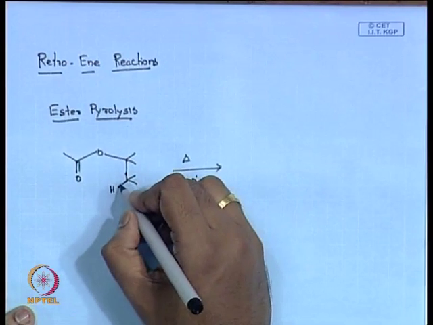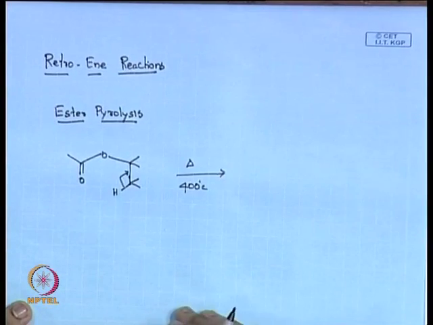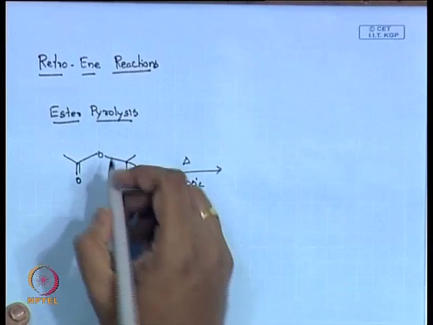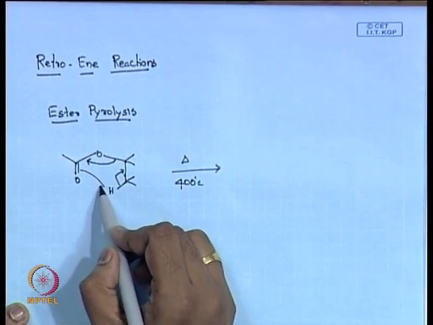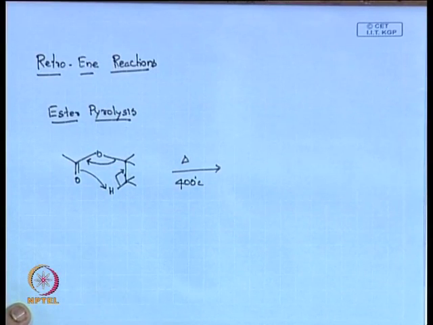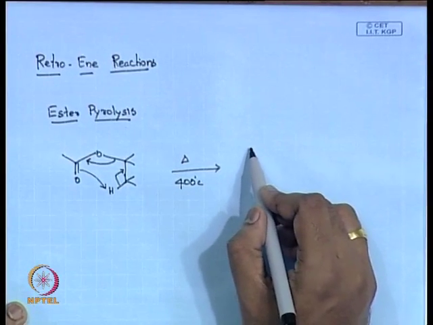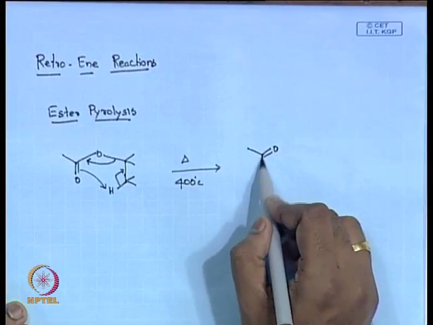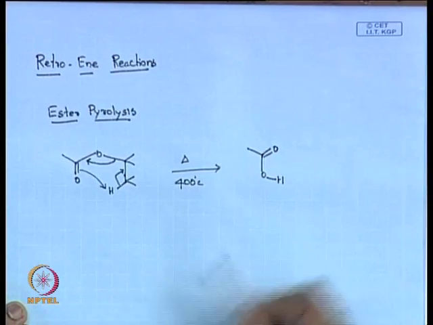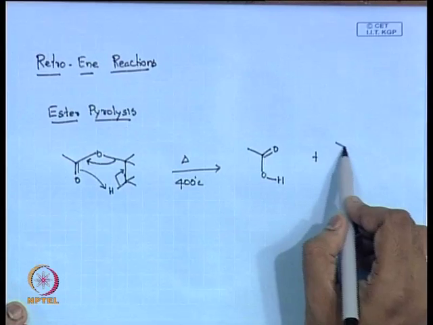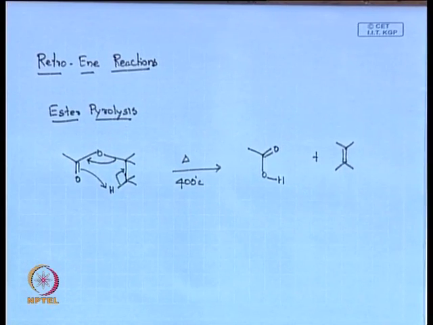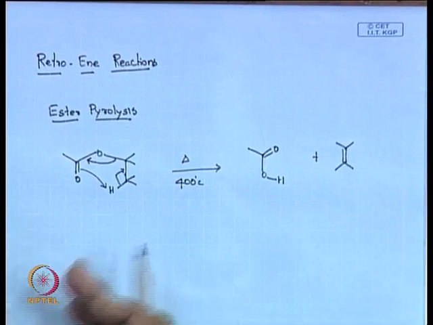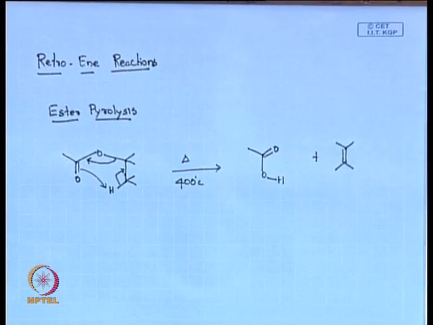I can easily do the retro part of it. So, what do I end up with? I end up with a carboxylic acid plus my alkene. Okay, this is your ester pyrolysis. This is nothing but a retro ene reaction. You can just look at them as a retro ene reaction.